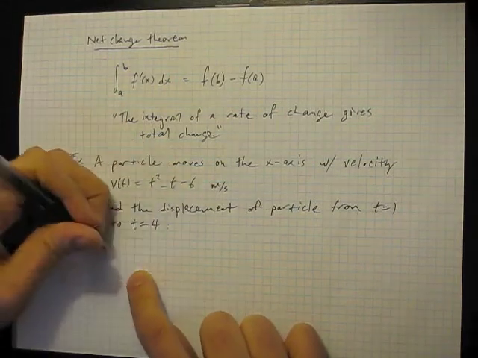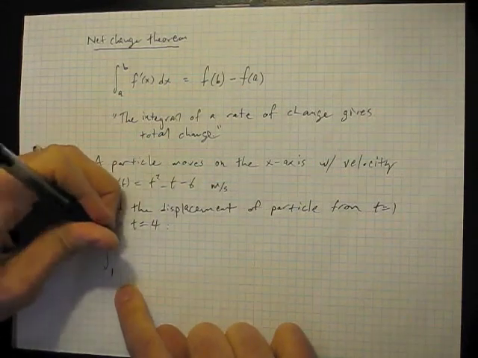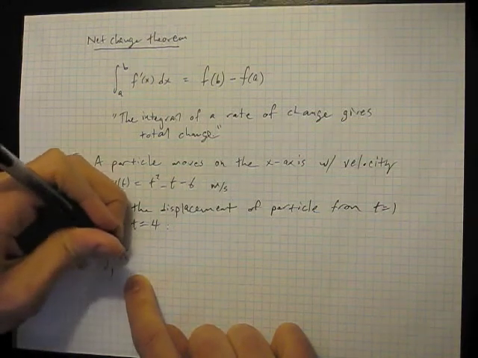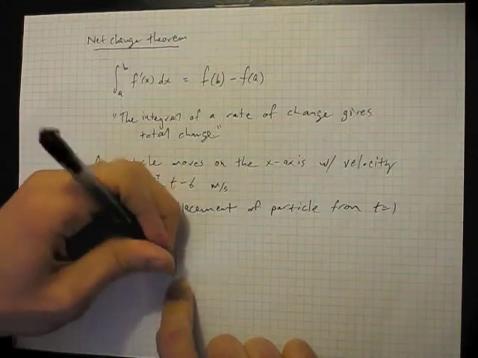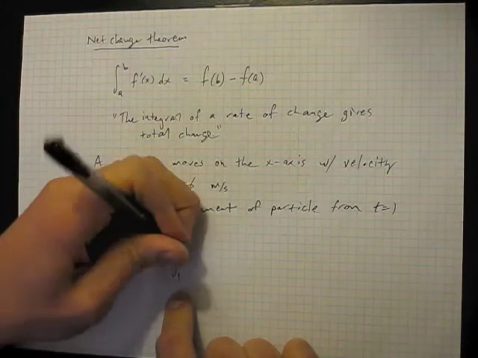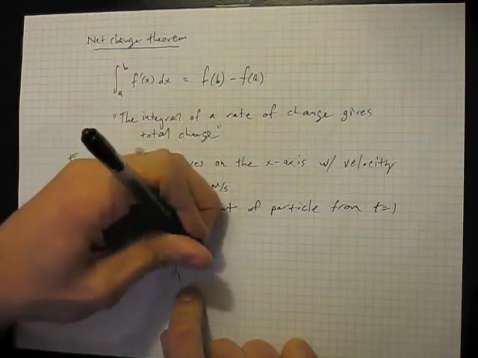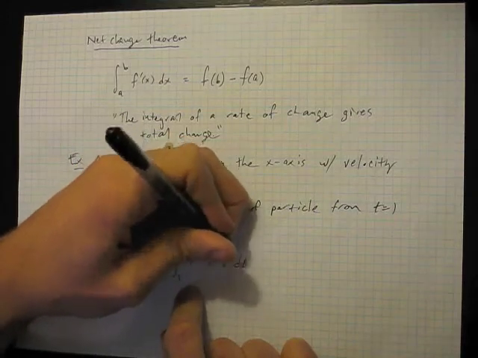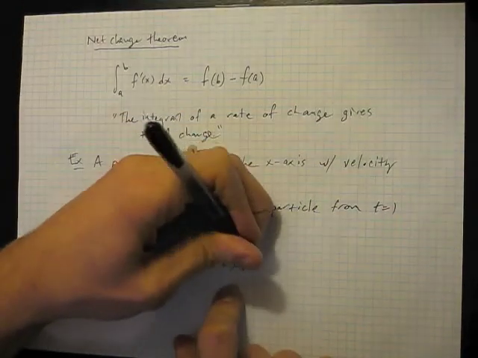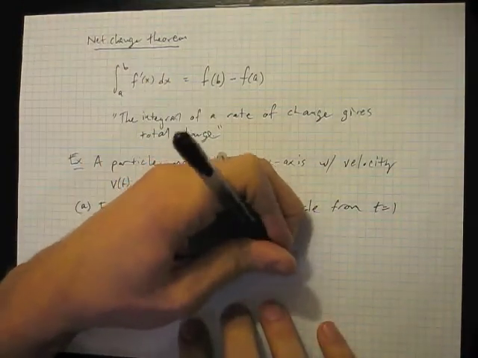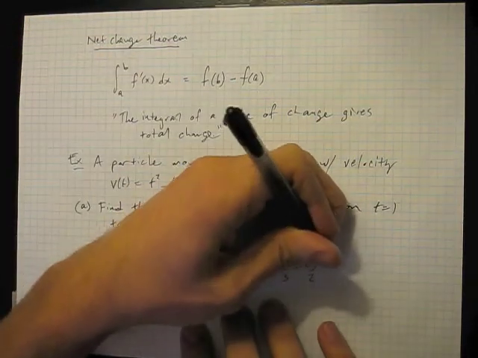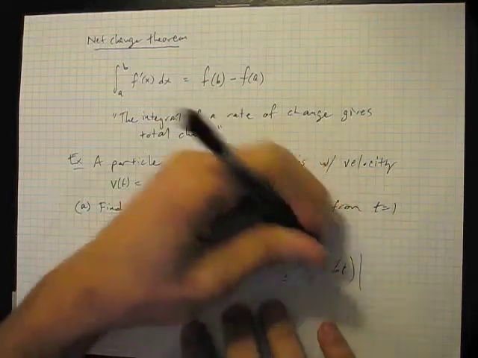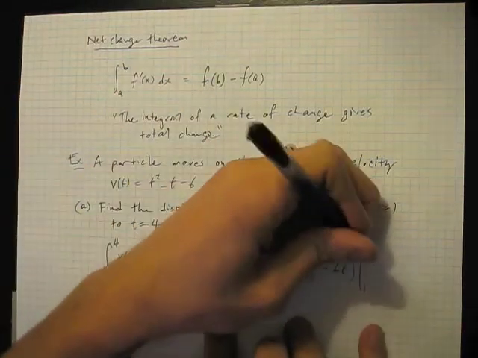Okay, so the answer to this, well, net change, so we just integrate the velocity. That is the integral from 1 to 4 of t squared minus t minus 6 dt, and this is t cubed over 3 minus t squared over 2 minus 6t, and we evaluate this from 1 to 4.